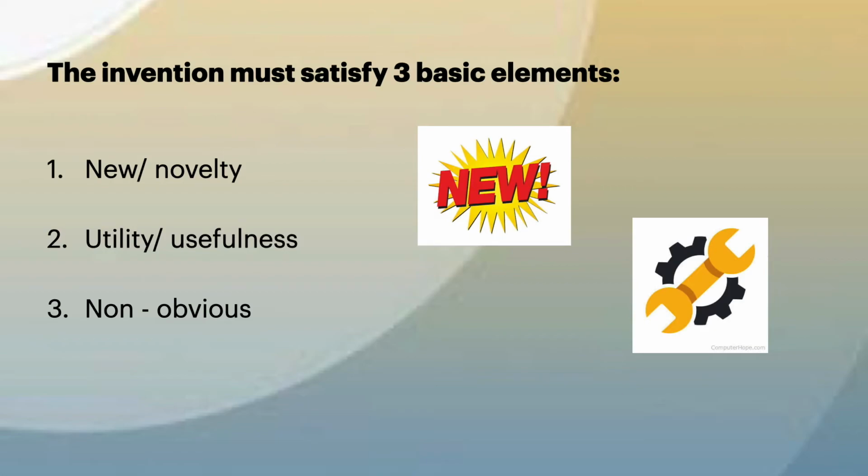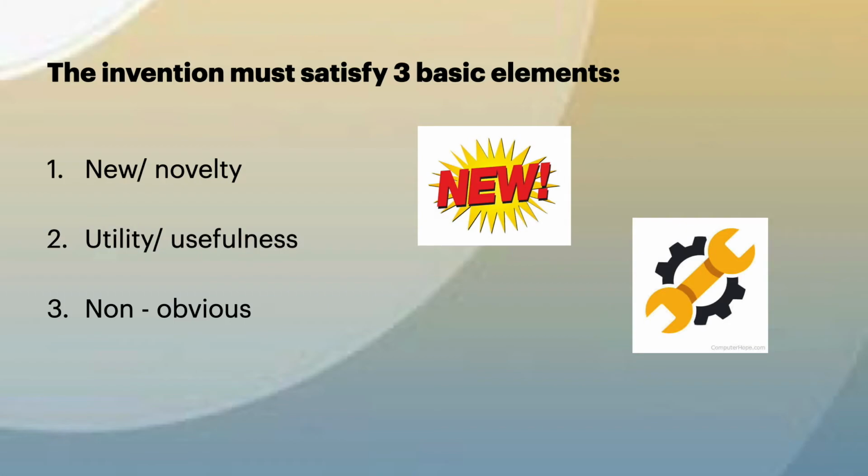Can that machine actually wash the dishes, or wash certain plates or glasses? That is called utility, right? Can your invention be useful to others? Is that clear? It can be a machine, it can be a design, etc. Is it useful for others? Is that clear? So that's the second criteria, utility.